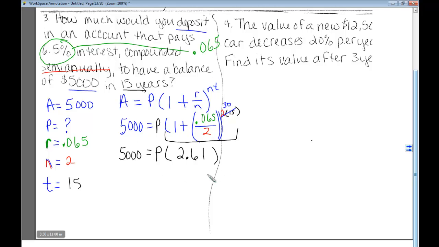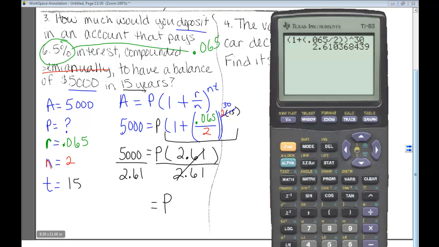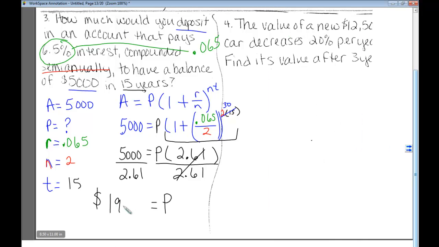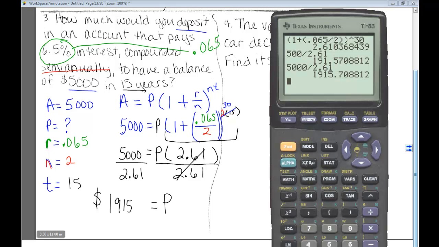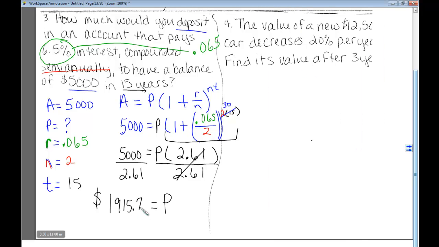Now this is Algebra 1, and I want to solve for P, the principal. So we divide both sides by 2.61. So P is equal to $1,915.70 or 71 cents.